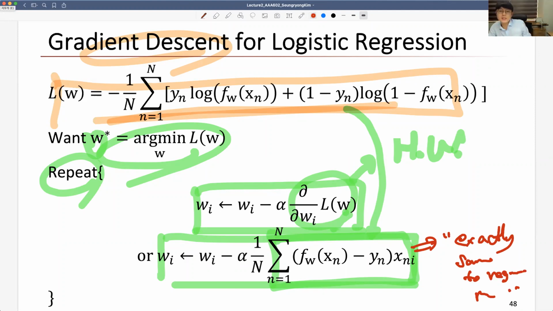Then what is different between one step in the regression problem and the logistic regression problem? The equation is the same. The main difference is here: in the linear regression problem, the mapping function was W transpose times X, but here it's a nonlinear case. So the main difference is here, but the one step is exactly the same as the linear regression case.